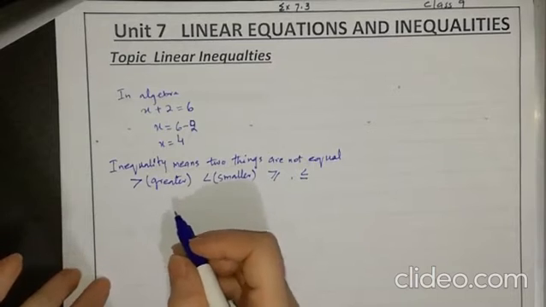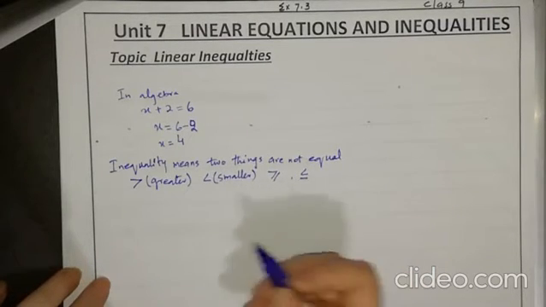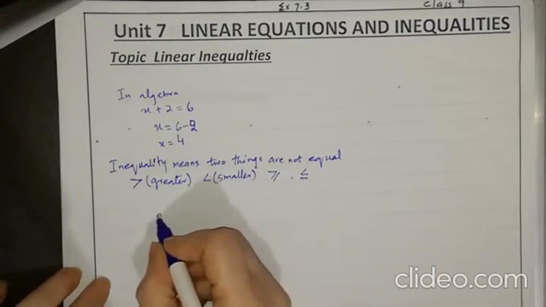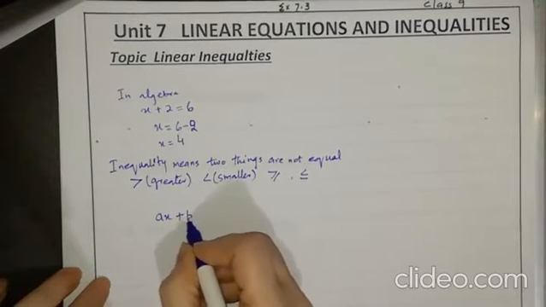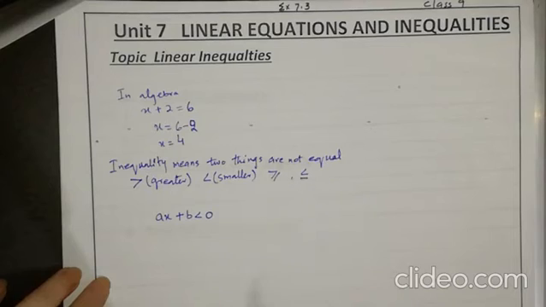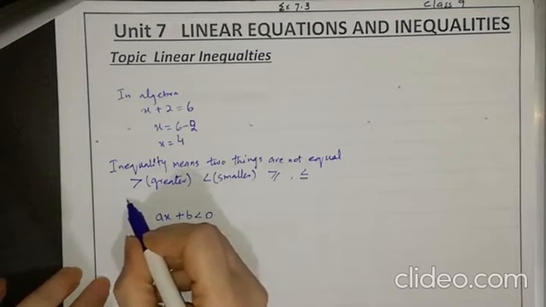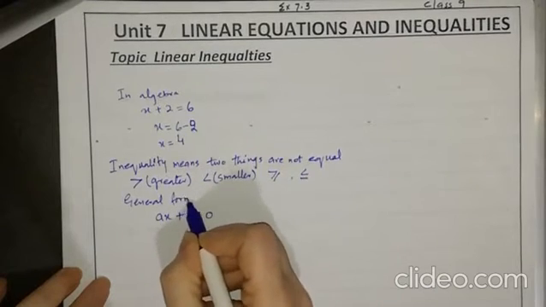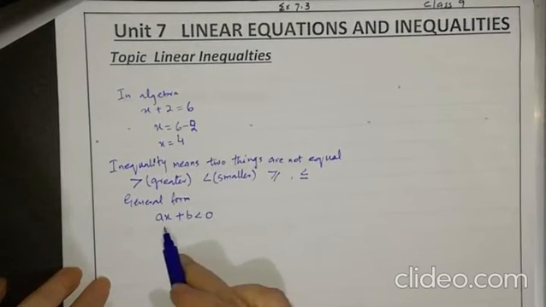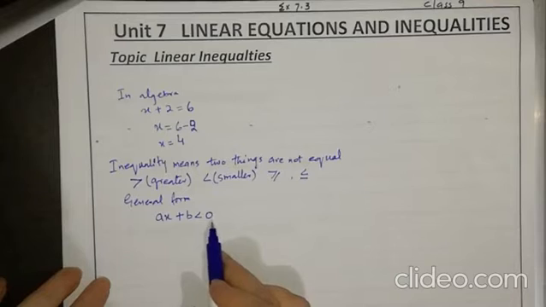Now the general form of the linear inequality. So see, what is the general form of the linear inequality? ax plus b less than 0. So the general form of the inequality is ax plus b is less than 0.